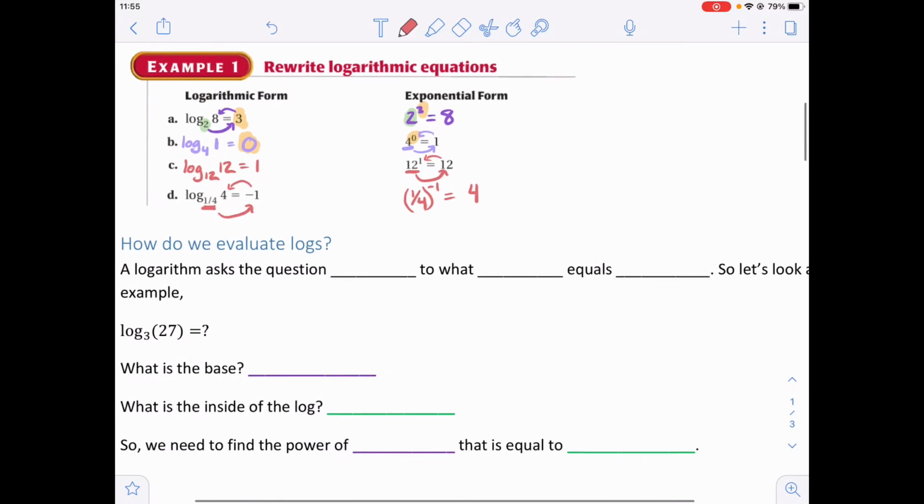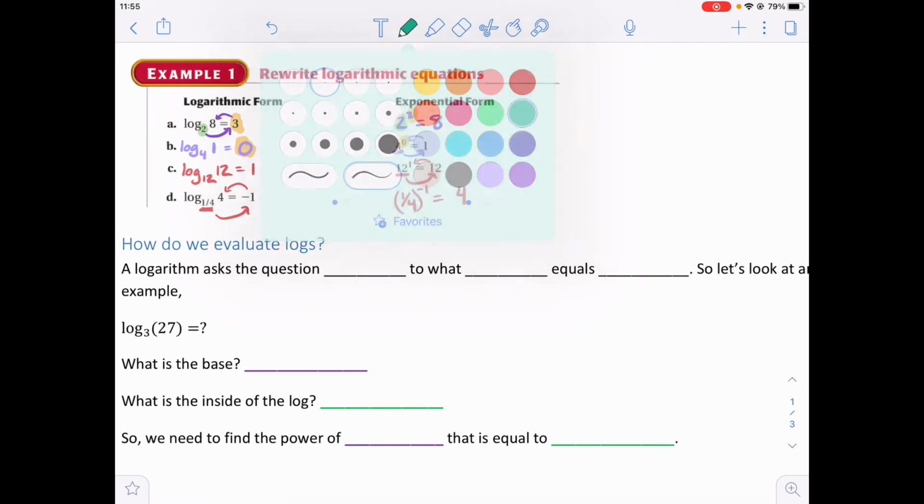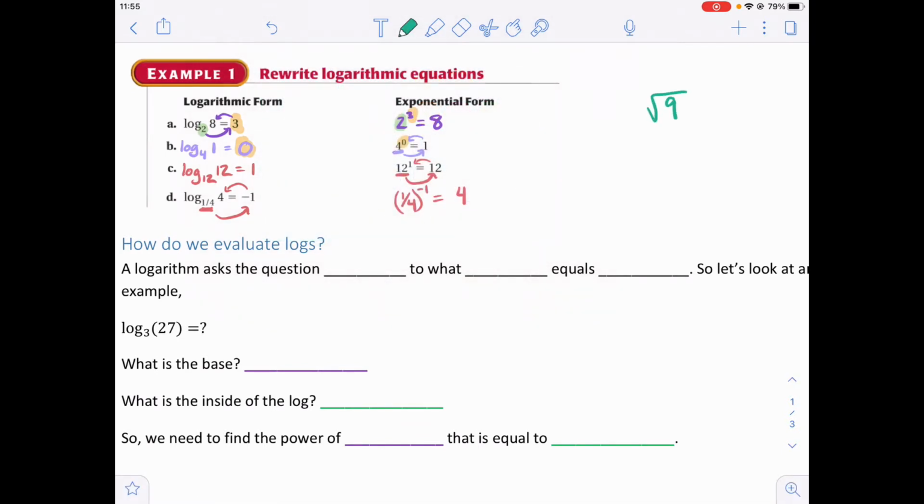So if we want to evaluate a log, we need to ask a question. It's just like square roots. Square root of 9, we're asking what squared gives us 9. Because if this equals x, then we can undo it by squaring both sides. What squared gives us 9?